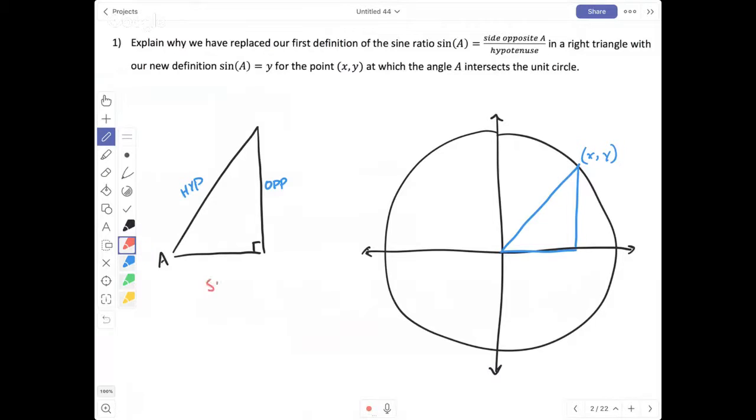Here's again angle A, and sine of A equals y. The reason we made that change was because the old definition was only useful for acute angles of right triangles. So it had a limited domain.